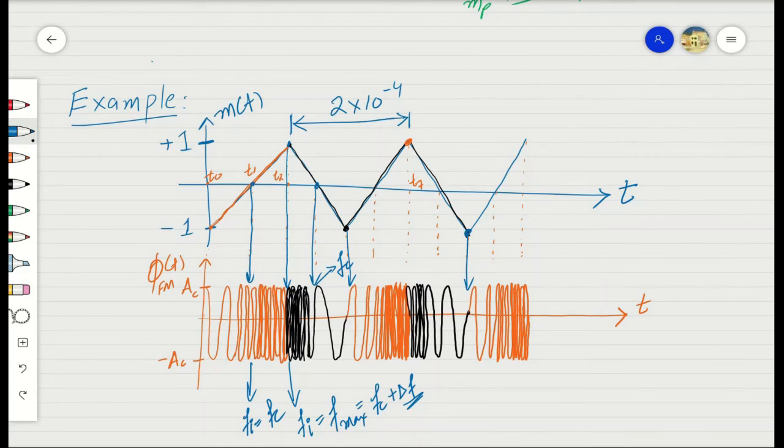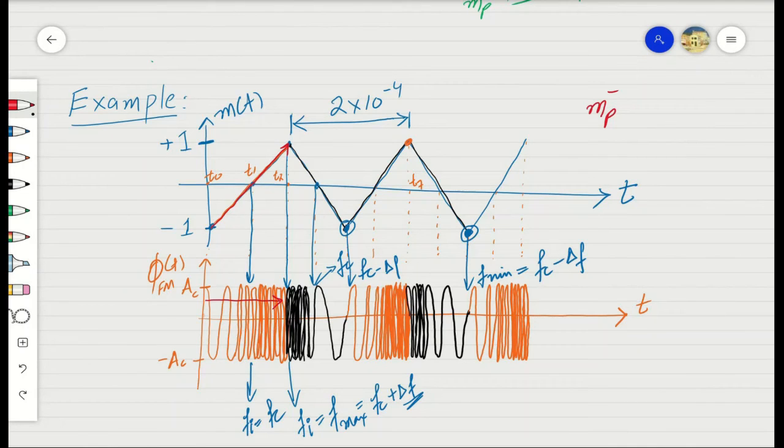Minimum frequency of the modulated signal will be generated at the time instances where the negative peak of information signal is experienced, which was equal to fc minus delta f. As in this information signal, the amplitude is linearly increasing, we have experienced a linear increase in the frequencies of modulated signal.